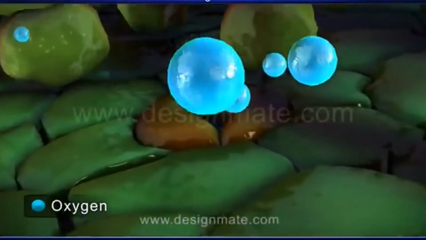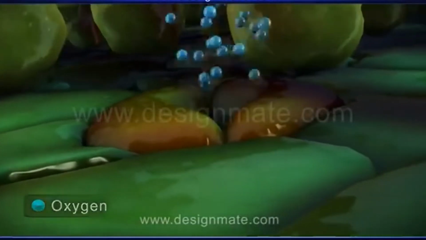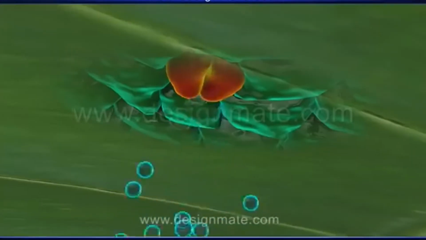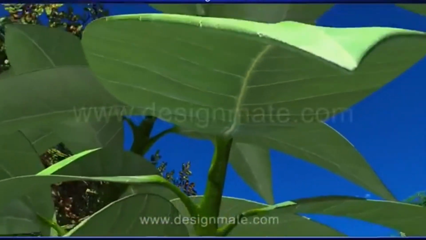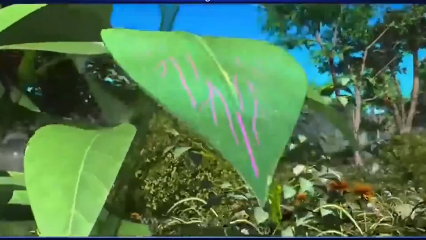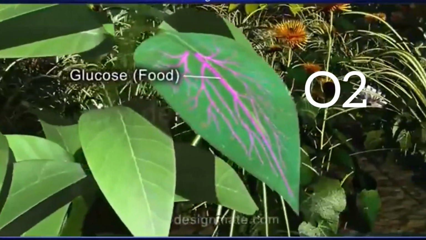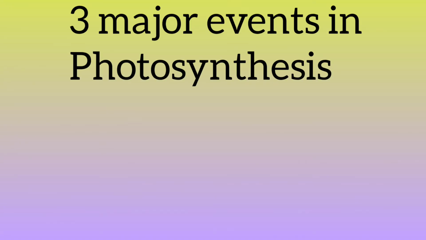Oxygen gas, formed as a byproduct of photosynthesis, is used by the plant for its respiration, and excess oxygen is given out through stomata. The process of photosynthesis can be summarized in 3 steps.